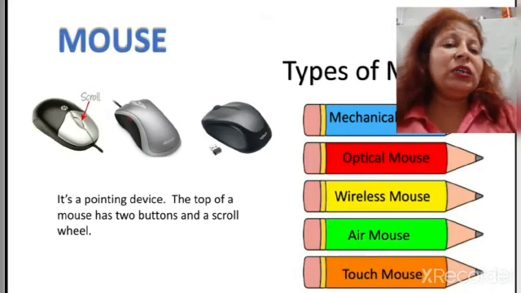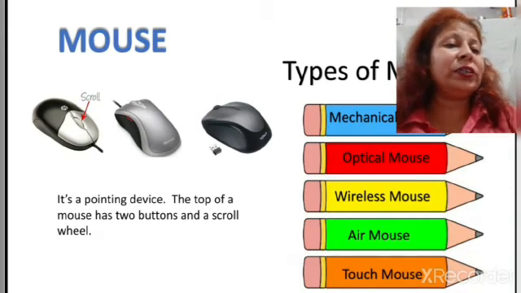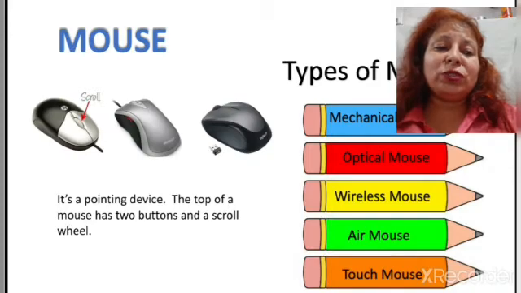Wireless mouse uses radio waves or infrared light waves for connecting itself to the system. Air mouse tracks the movement of your hand in the air and works accordingly.